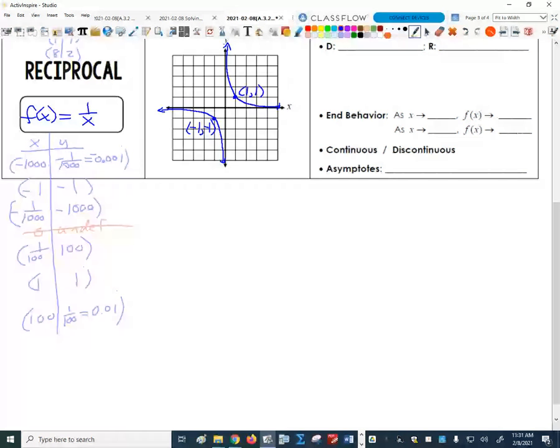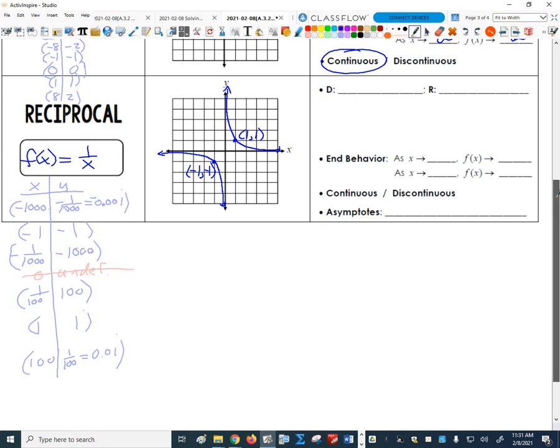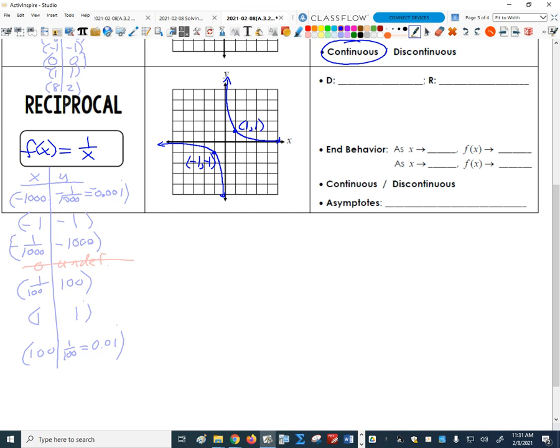Okay, what's the domain this time? Is it true that an ant could have any input value? Is there an x value the ant could not stand on? Look at our t-table.